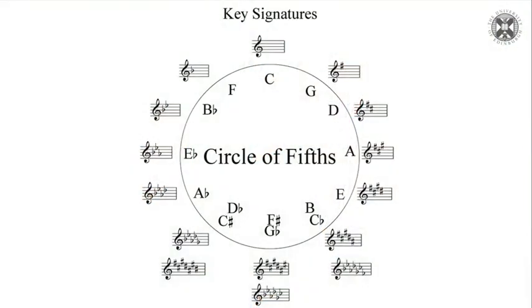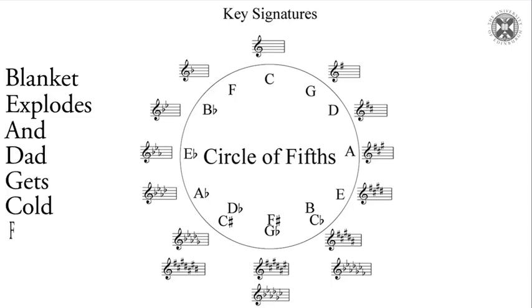Now, this being the circle of fifths with all the patterns inherent in that, when we go anti-clockwise and start introducing flats, you might not be that surprised to find out that the order in which flats occur is actually the same sequence as the sharps, but in reverse: B, E, A, D, G, C, F. So two sentences that we could use to try and remember that sequence: Blanket explodes and Dad gets cold feet, which is the reverse of the Father Christmas one.